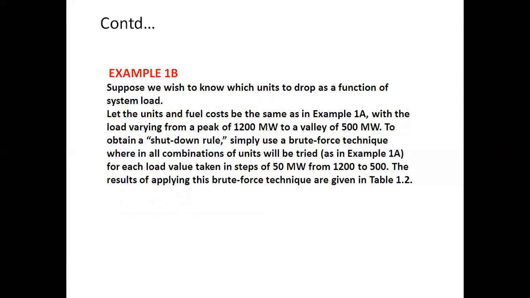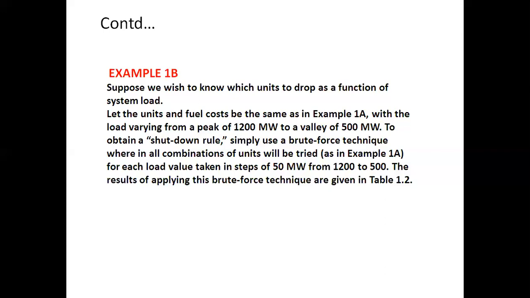To obtain a shutdown rule, simply use a brute force technique, in which all combinations of units will be tried in example 1 for each value taken in steps of 50 megawatt from 1200 to 500 megawatt.